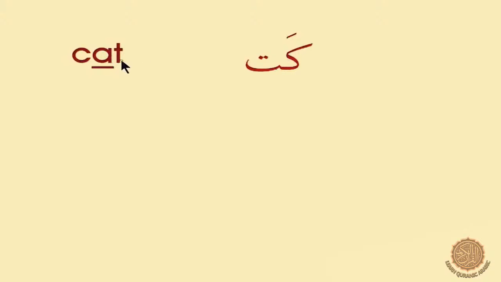The T doesn't have any vowel associated with it. It's just a stop on the T, so we put a sukoon there. If we gave it a mark, for example the Fatha, it would be kata, or katu, or kati.